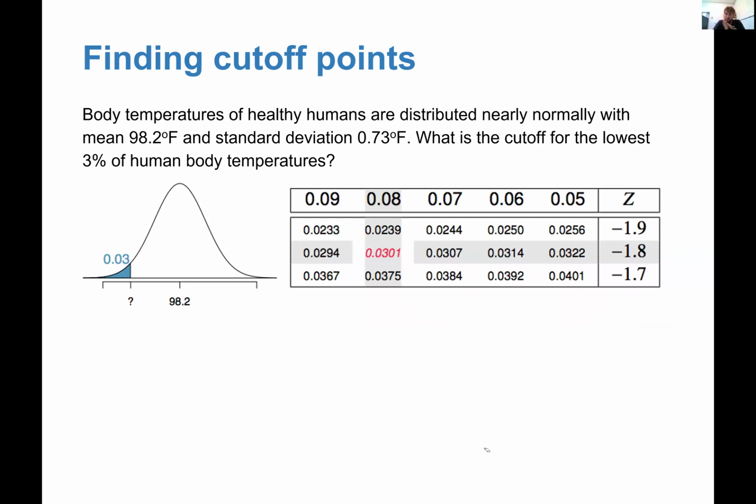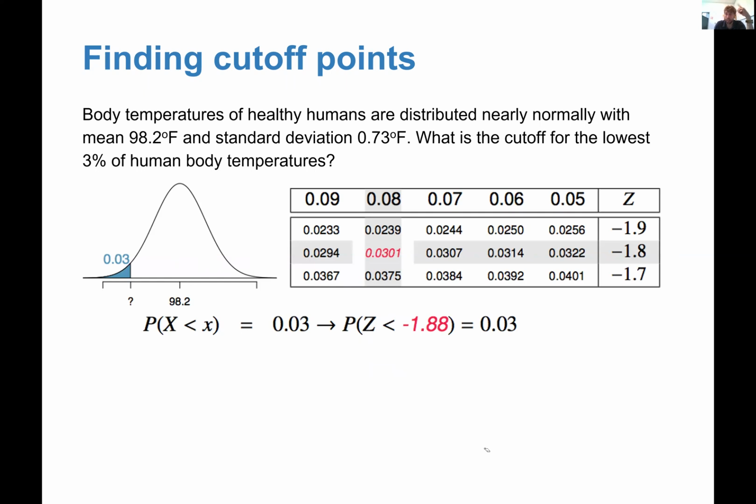So this is a backwards lookup: instead of looking for the z-scores, I'm looking for the number that is closest to 3%, or 0.0300. The closest number is 0.0301, so I'll pick that one. That corresponds to a z-score of negative 1.88. So my z-score is negative 1.88.